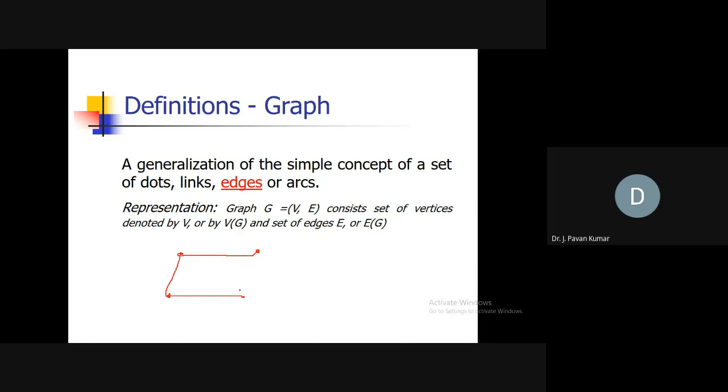There exist several applications for graphs. We have seen some of those in the initial classes. Can anyone tell one application of a graph, where we can use it? Yes.